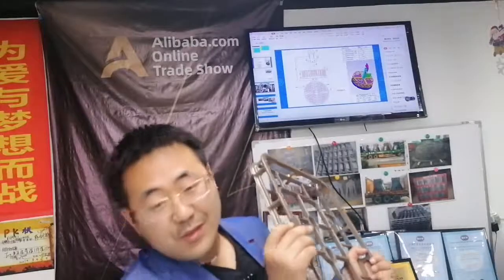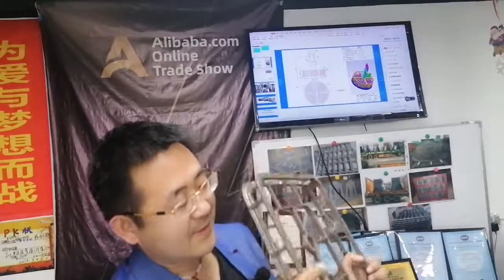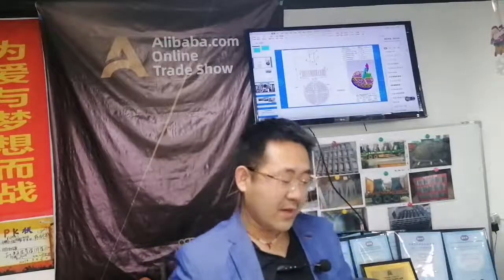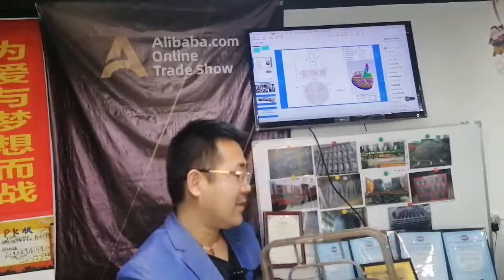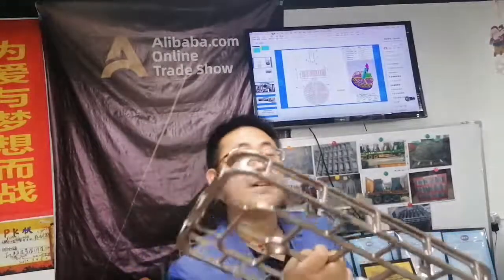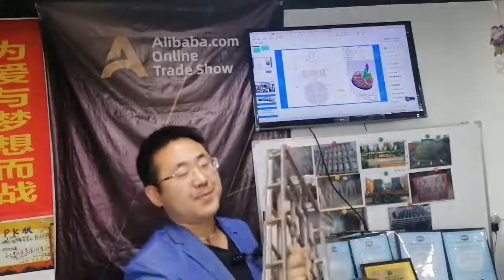And another is 2.4879, and this mark includes our company name, this basket's heat number, and this basket's material, like this.